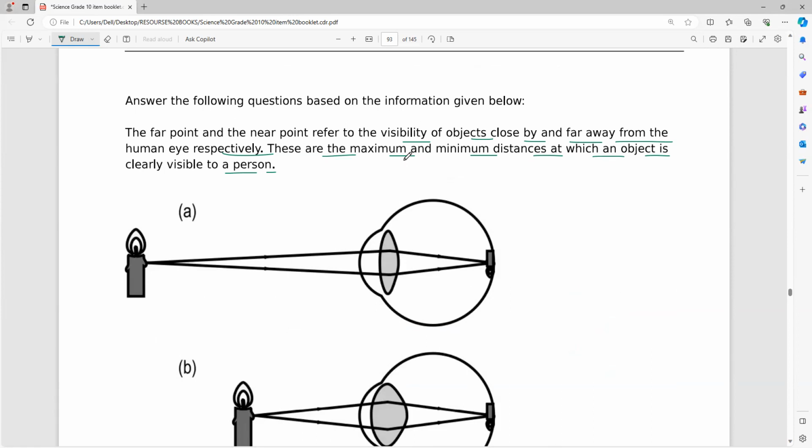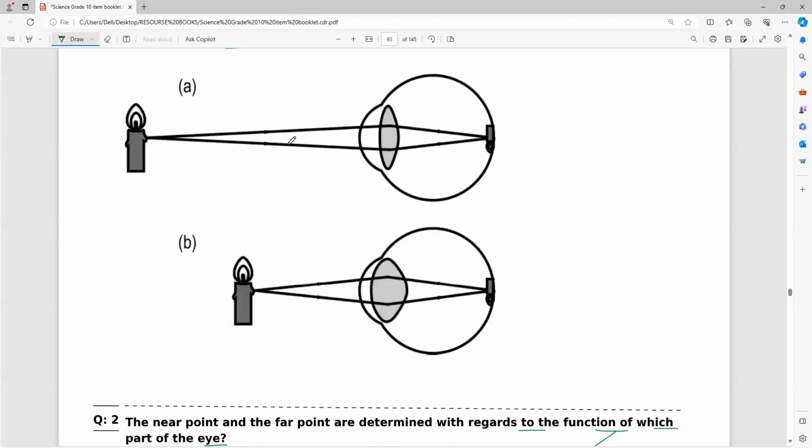When you are seeing a far object, the ciliary muscles relax so that the curvature of the lens decreases, the power of the lens decreases, and the focal length of the lens increases. Do you understand the changes that take place when we see far objects? When we see near objects, the object is at what distance?